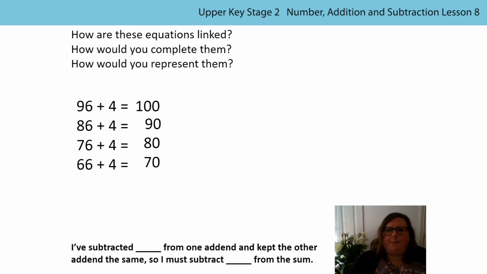Why might that be? I can also see that the ones digit in the addends is always the same, and so is the ones digit in the sum. Why might that be? Did you spot the number 1 to 10? I'm sure you did. Okay, we're going to have a closer look in a minute at the link between the first equation and the last equation.